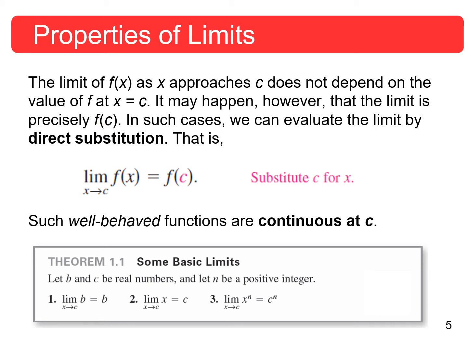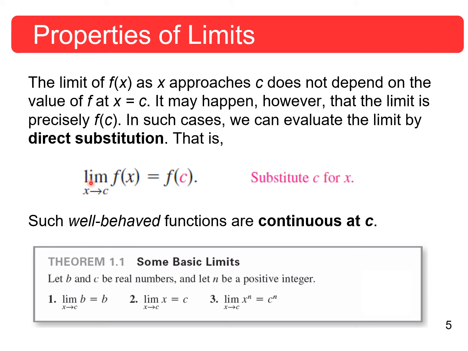Such is the case when the function given is continuous at c. So in that aspect, we can just evaluate the function using direct substitution when we try to evaluate the limit of the function as x approaches c.